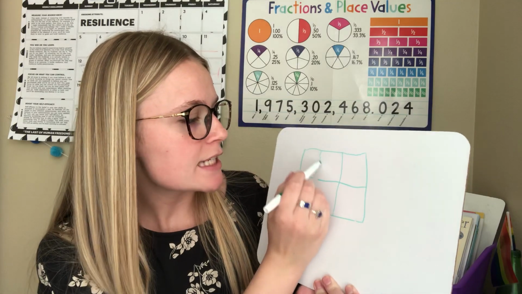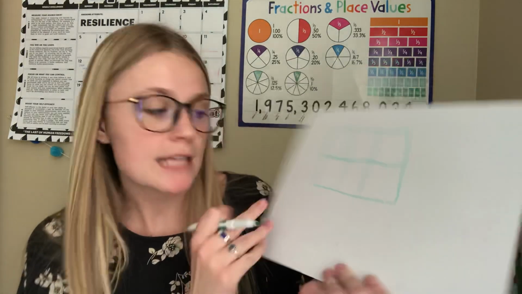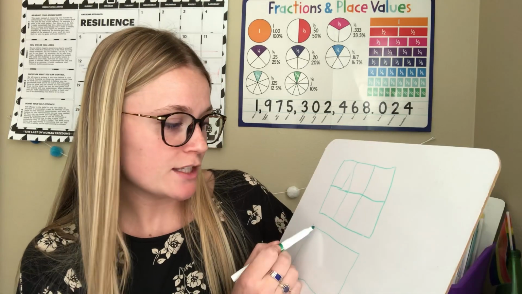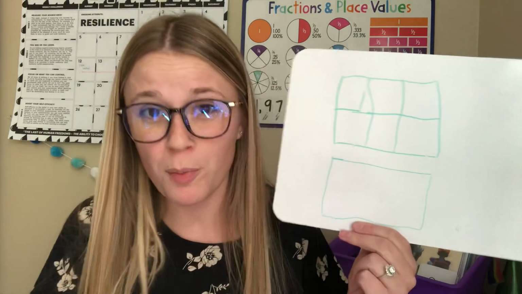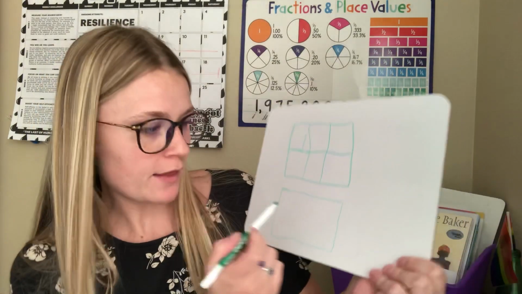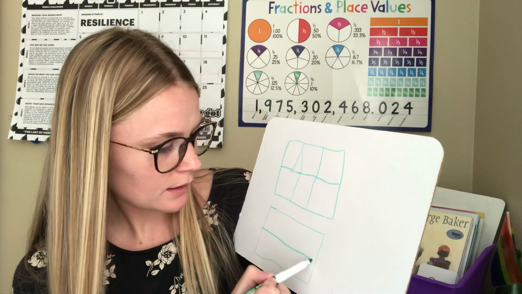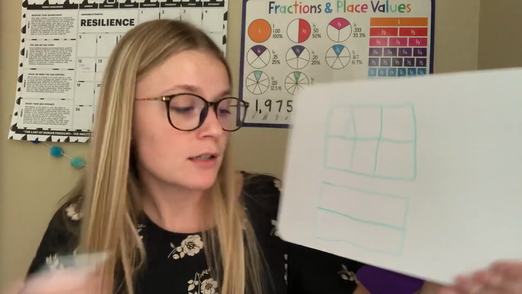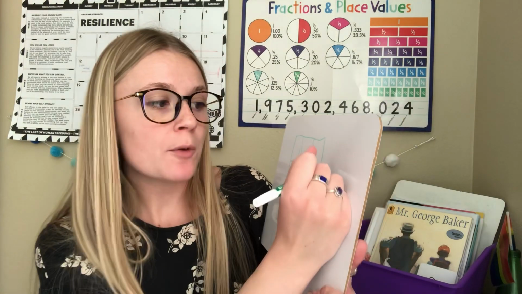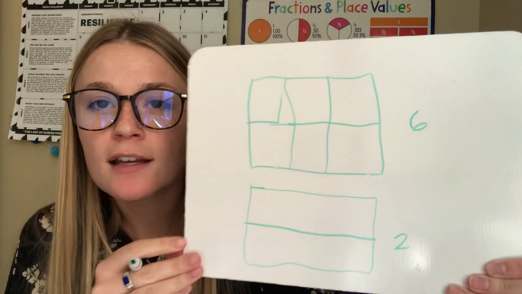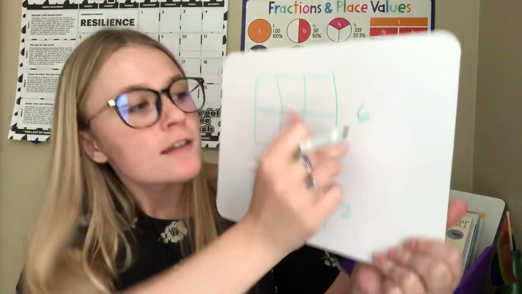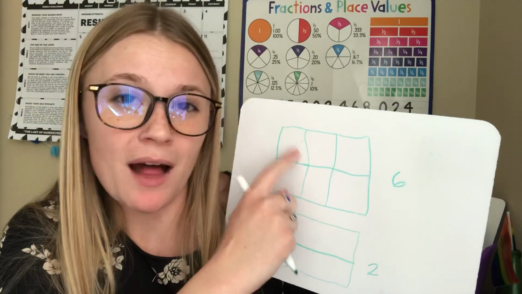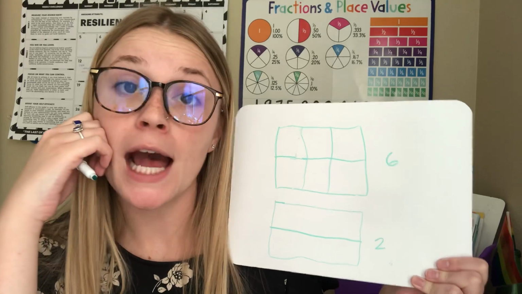Okay, if I were to take this exact same pan of brownies and only divide it into 2 parts for me and one other person, the size of the pieces would be much bigger. So 2 equal parts and 6 equal parts. The more pieces I have to fit in the whole, the smaller the pieces are going to become.